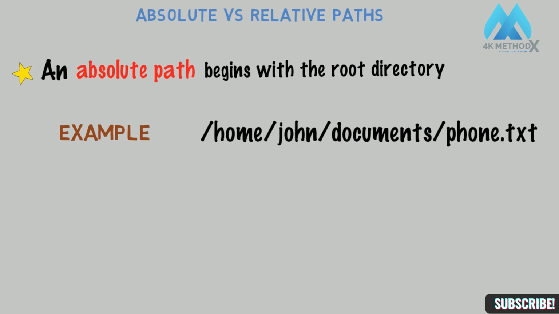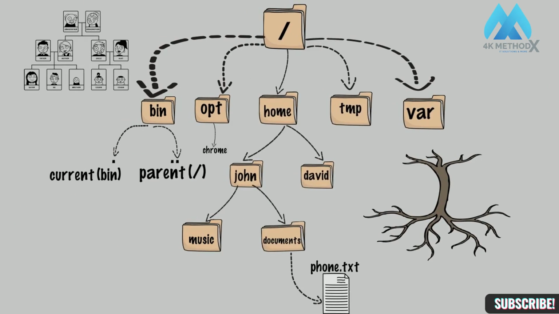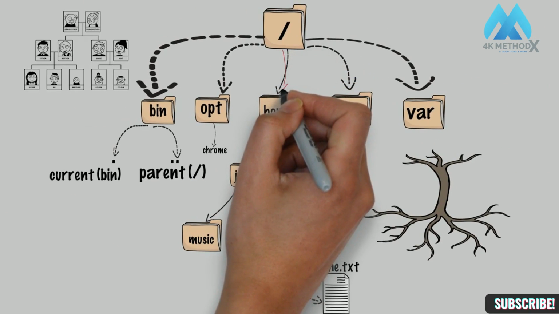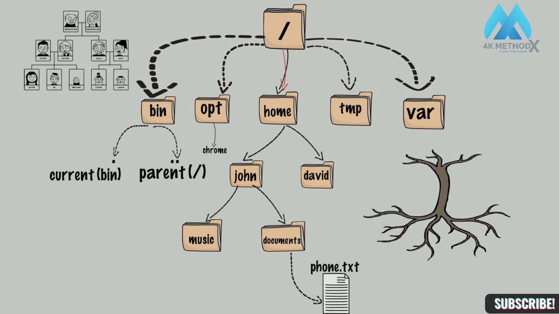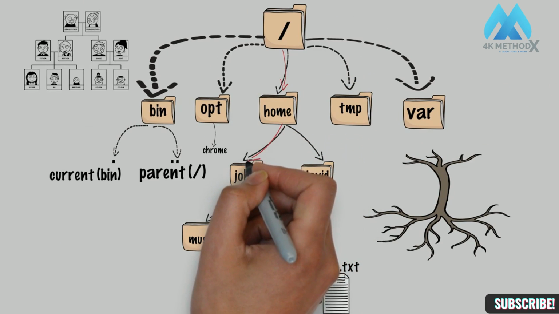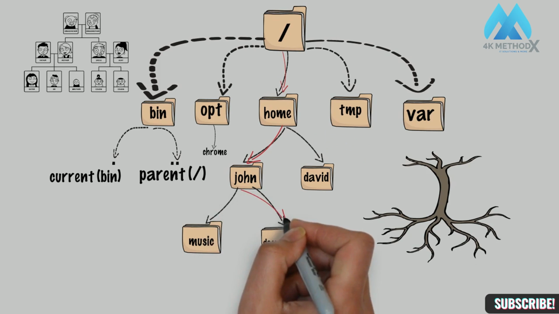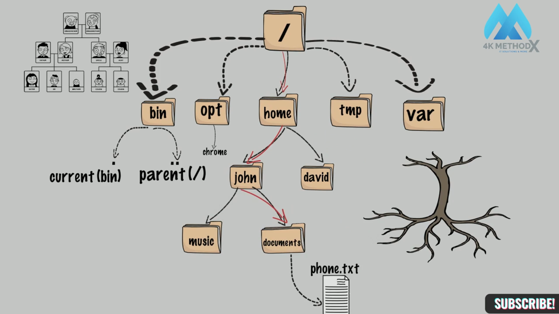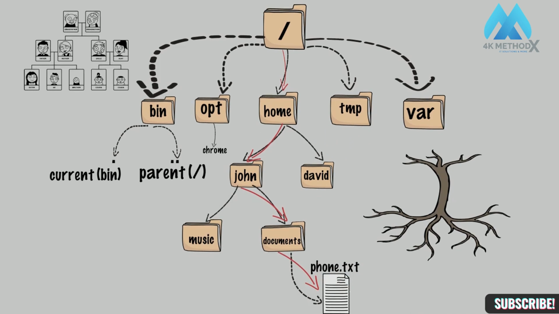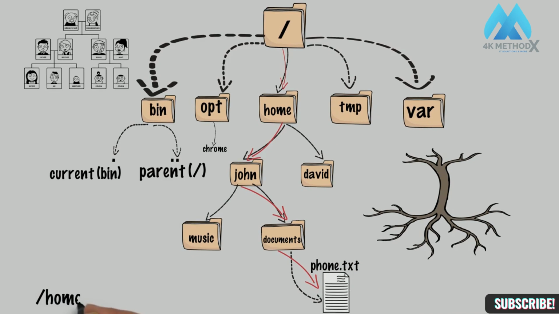For example, if John wants to access his file phone.txt, he can use the absolute path name. First, he begins with the root directory, then he goes to home, then John, documents, and then he accesses the file phone.txt. We use a / to separate between directories.